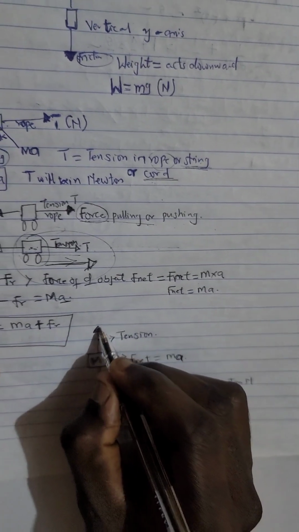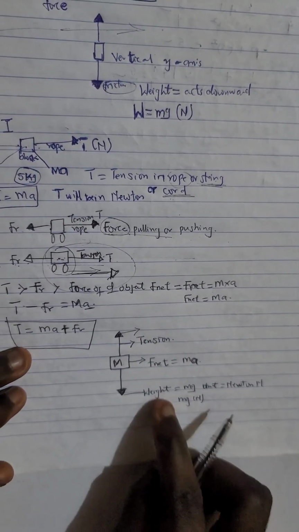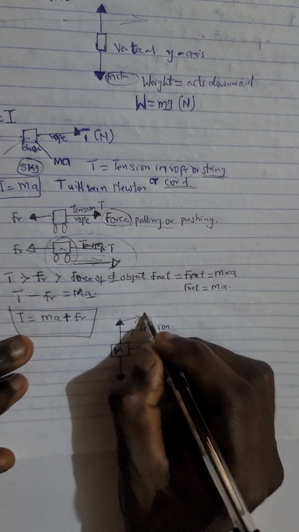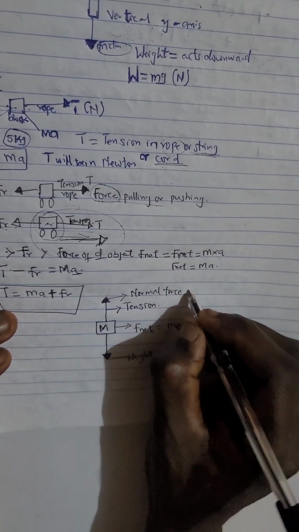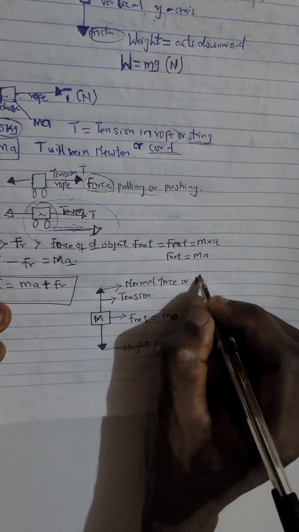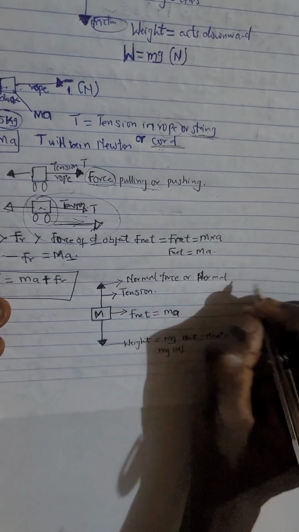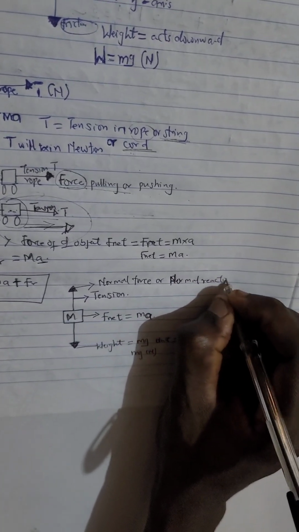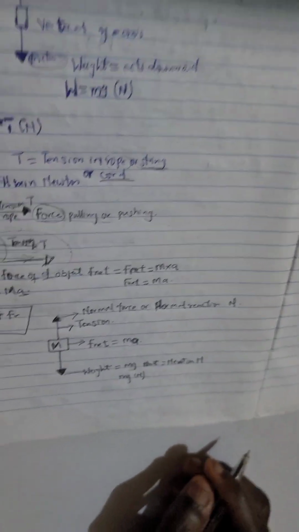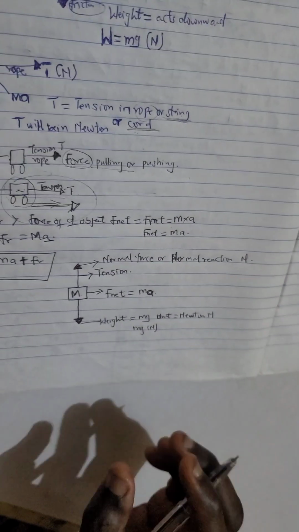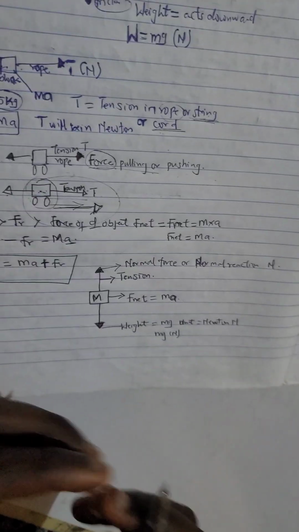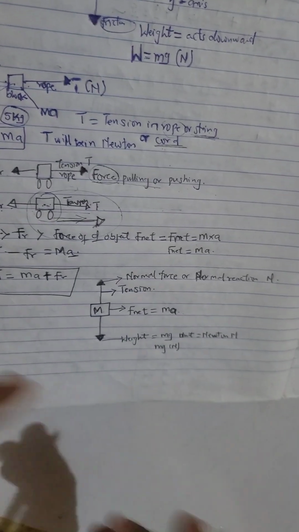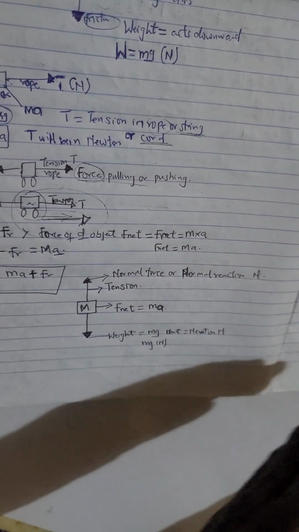The second one that is going to affect it is the normal force, or we call it normal reaction. It is also in Newton. But here, the moment an object has a magnitude, what I call magnitude is something that has quantity, like 5 kg, 10 kg, or 15 meters, or 25 meters.